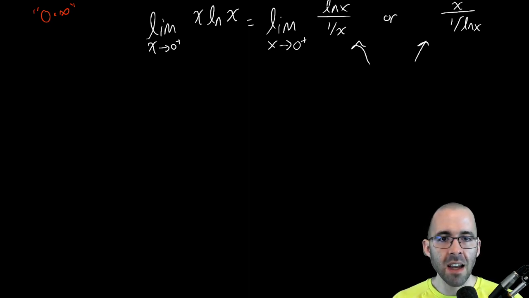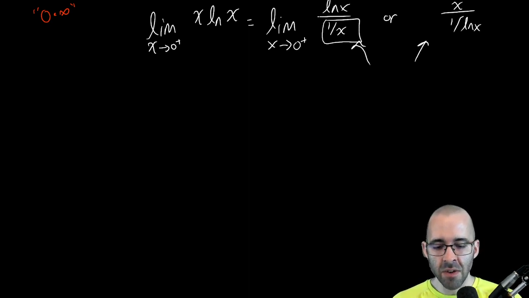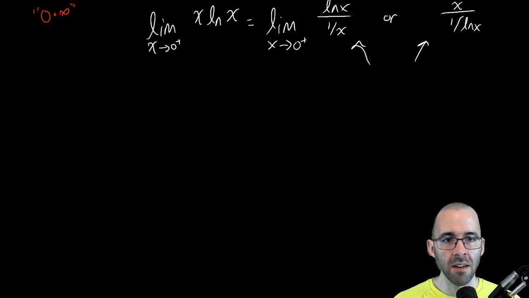And again, it's the same because dividing by 1 over x is the same as multiplying by x. Dividing by 1 over natural log is the same as multiplying by natural log. And now this puts it in the right form, either infinity over infinity in the case of the first, or 0 over 0 in the case of the second. But we're going to have to use L'Hopital's rule.